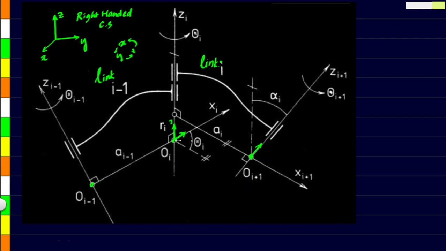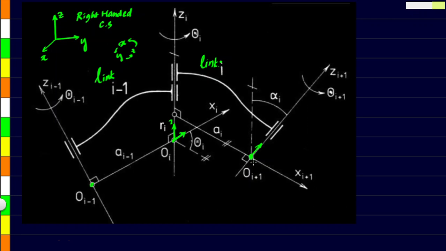This shortest distance will be perpendicular to both the z axes. Got it? So the first coordinate system we get by drawing the shortest distance between the two skew axes, zi minus 1 and zi, and x will be the continuation of that. Z of course will be the same axis about which rotation is taking place.